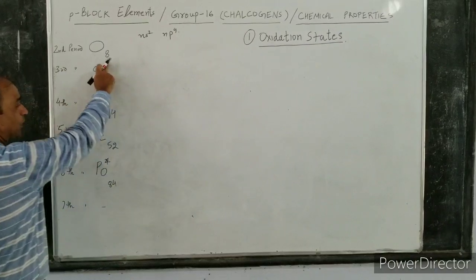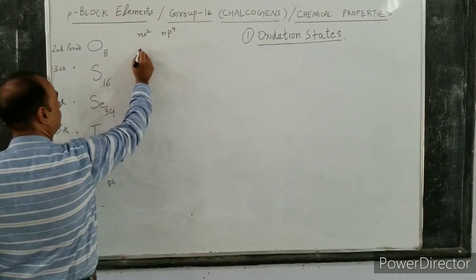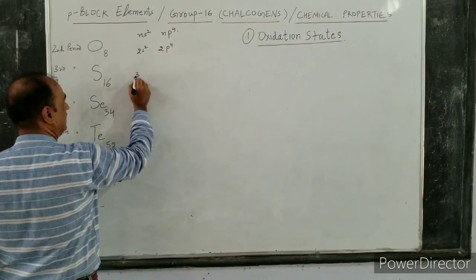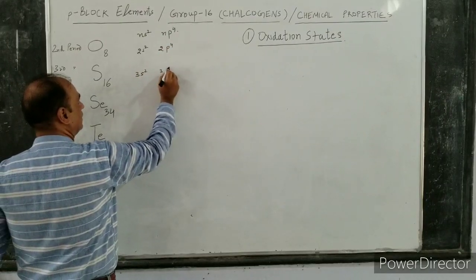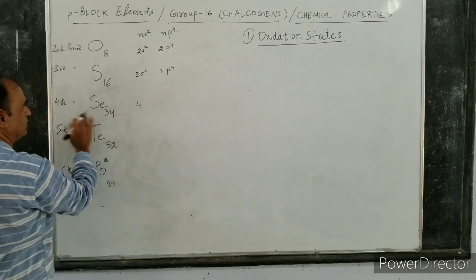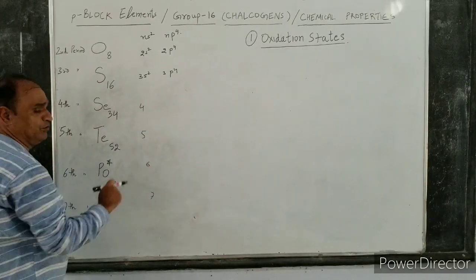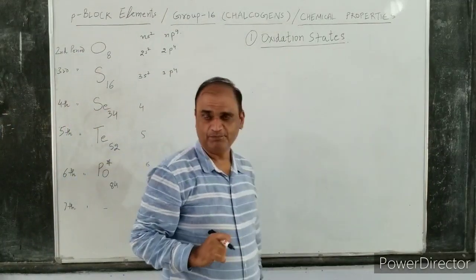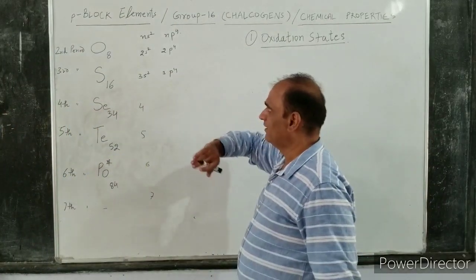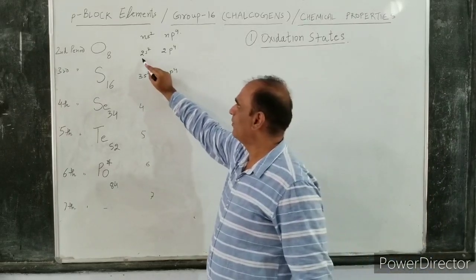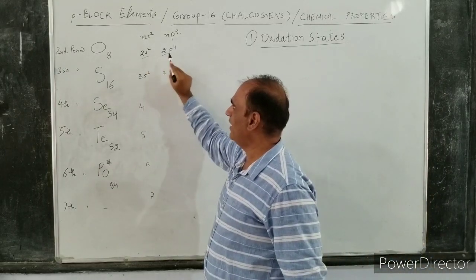Like oxygen, atomic number 8, it is having 2s2, 2p4, sulfur is having 3s2, 3p4. Similarly, it is in fourth period, so 4, 5th, 6th, and 7s2, 7p4. You know that. But one thing in which oxygen is different from the others, that in second orbit you have s subshell and p subshell.